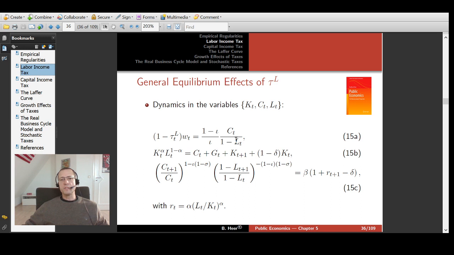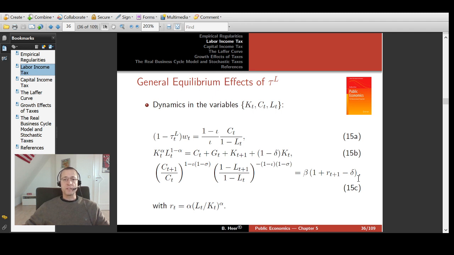Now how do we proceed in the next period? We have the capital stock, consumption and labor for period 40, and we now want to compute capital stock, consumption and labor for period 39. So we apply again equations 15a, 15b, and now 15c to solve for K39, C39, L39 for given values C40, L40, K40. So we solve this difference equation system 15.